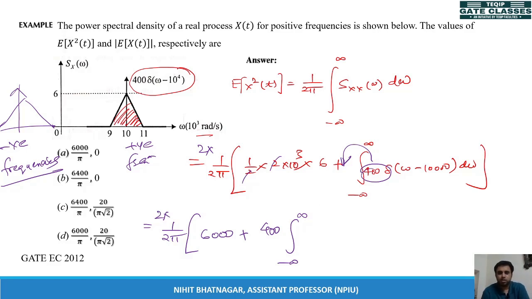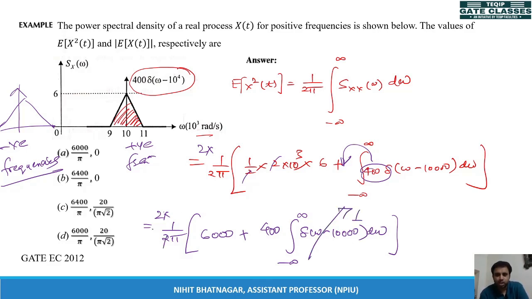So integration of δ(ω minus 10,000). We have read this property of the delta function, that the area under the curve of the delta function is equal to 1. So this term becomes 1.